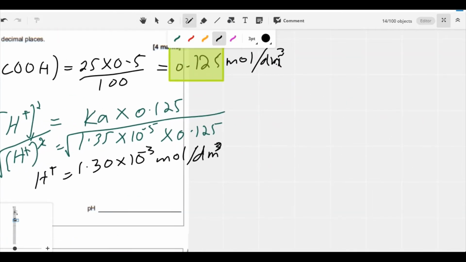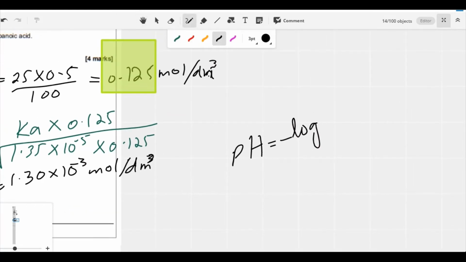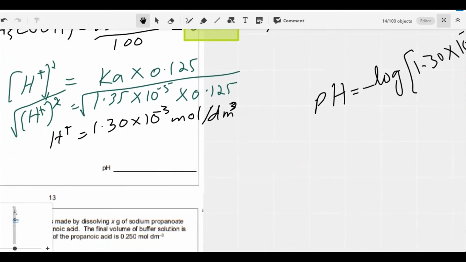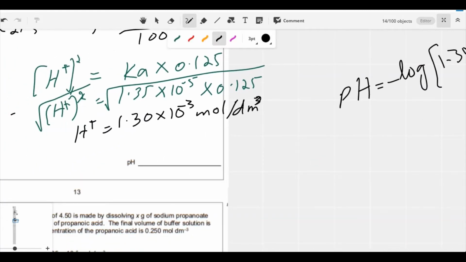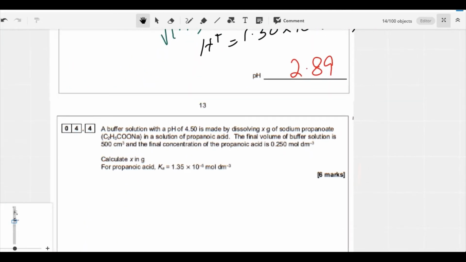So pH will equal negative log of 1.30 times 10 to power negative 3. Then the answer will be 2.89. Okay, that is the answer.